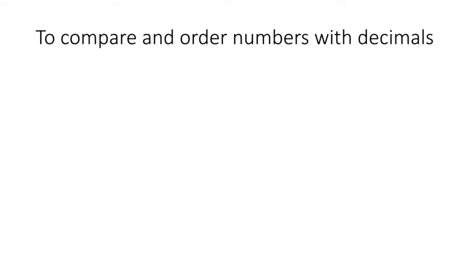Let's have a look at our second piece of work today. Insert the correct symbol. Greater than, equals to, or smaller than. We've got 4.5 and 4.05. Okay, they both have the same number of ones. This has 5/10, this has no tenths, this has no hundredths, and this has 5/100. I'm going to put the 0 in to show it has no hundredths.